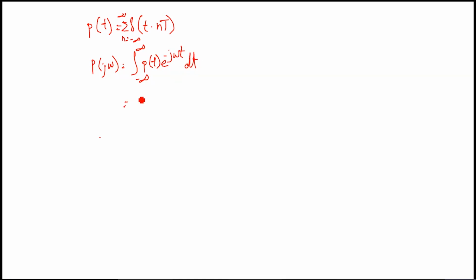Plugging in the value, it will be the integral from minus infinity to infinity, sum over n equal to minus infinity to infinity, of delta of t minus n times T, e raised to the power of minus jωt dt. So this is what we end up getting.